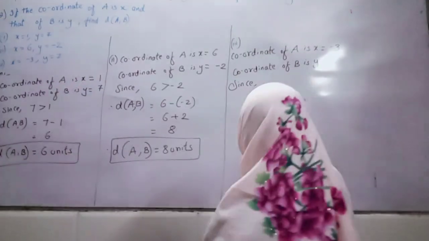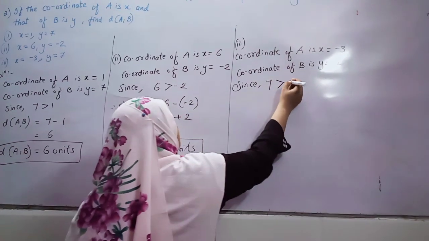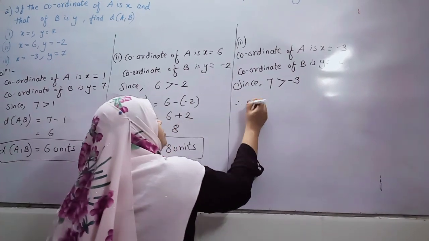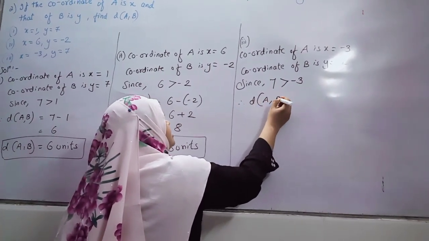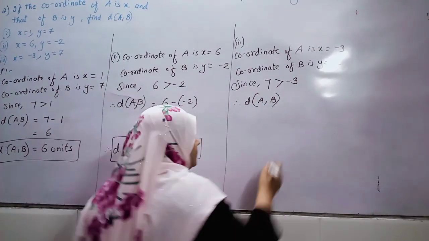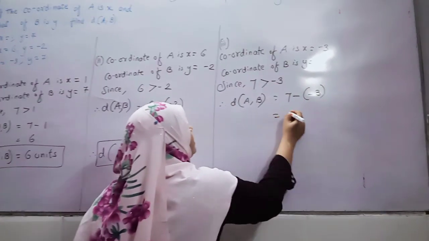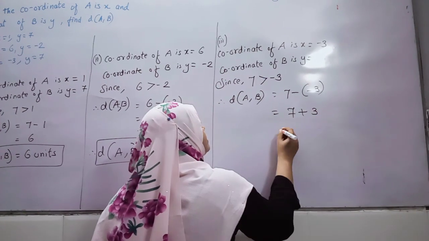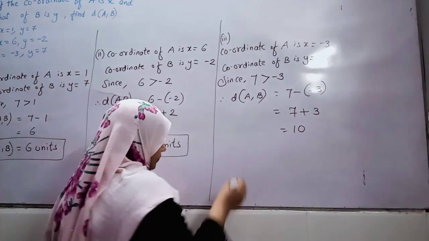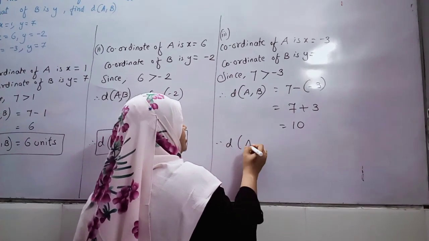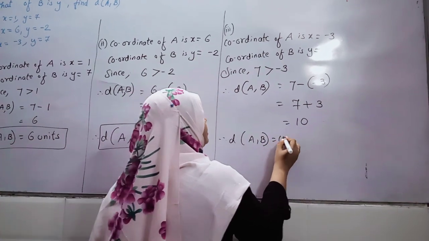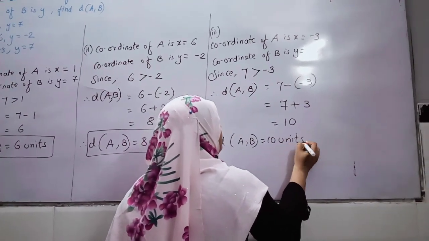Yes, 7 is bigger than minus 3. So the distance of A and B is equal to 7 minus -3, minus plus, so I got 10. So the distance of A and B is equal to 10 units.